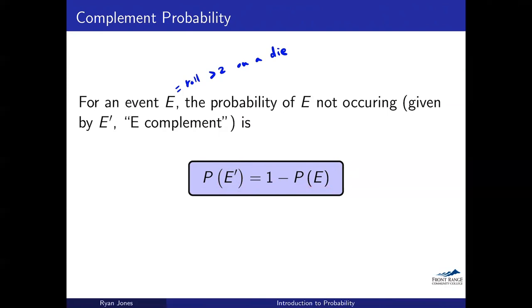So basically it's saying, if I know the probability that something occurs, to find the probability that it doesn't occur, I can just do 1 minus the probability that it occurs. And there you go. Let me be very clear. This right here is not a multiplication. This is saying the probability of the event E. And so there's no multiplication going on right here.